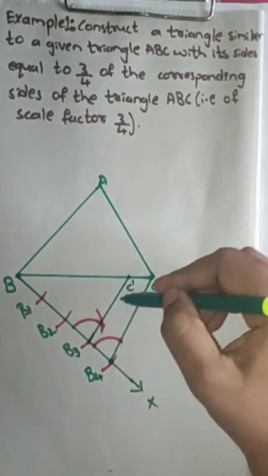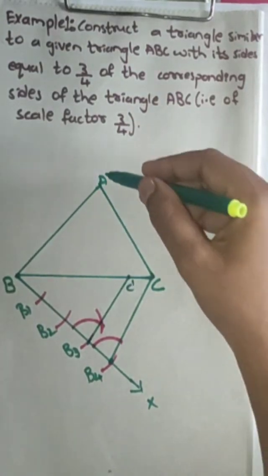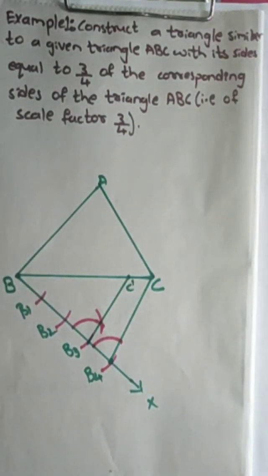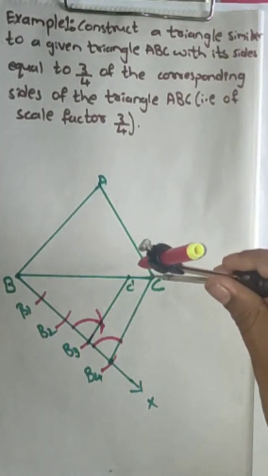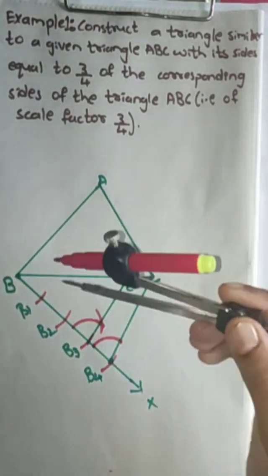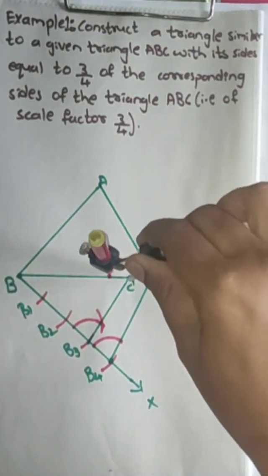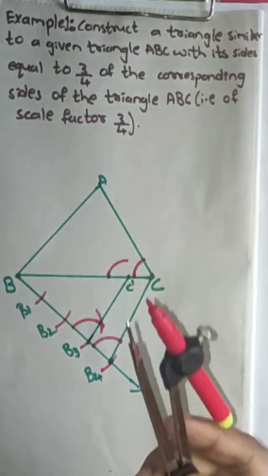Now same like this, we should draw a parallel line A dash C dash from AC. Again same, take your compass and draw any measurement arc. Without changing the compass, keep on C dash and draw an arc.